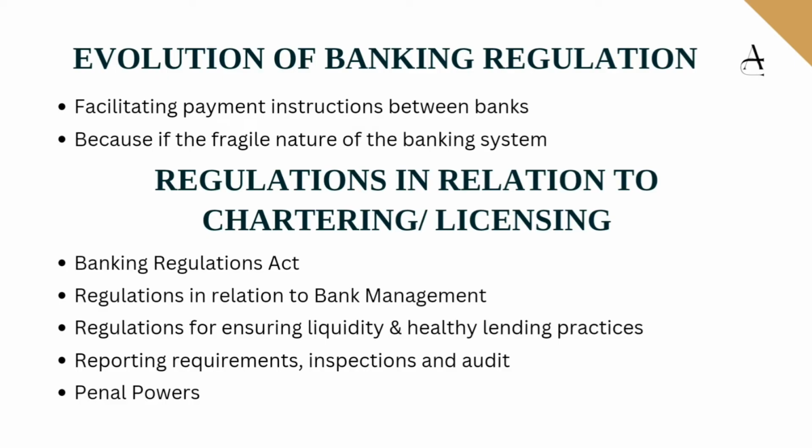Level 2, it can forbid the bank from doing what constitutes the core of its banking business. Third level, it may impose a fine on the bank or its officers. Fourth level, it could go for cancelling the license of the bank itself or any of its branches. Fifth level, it could initiate winding up of the banking company. And level 6, it may penalize the shareholders without actually winding up the bank.